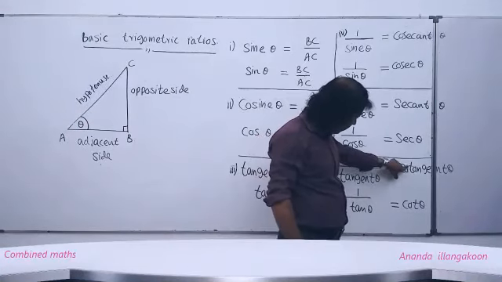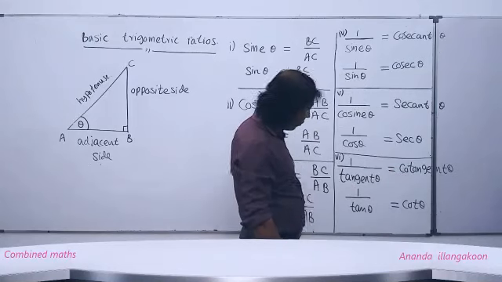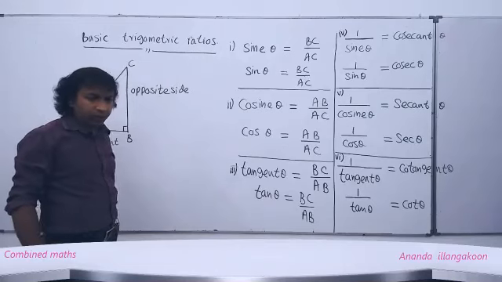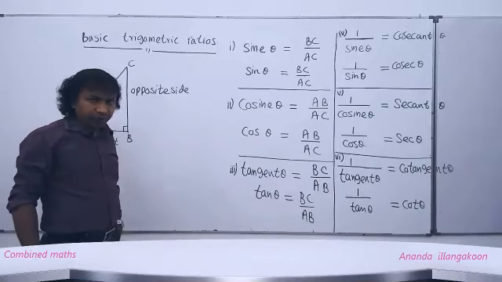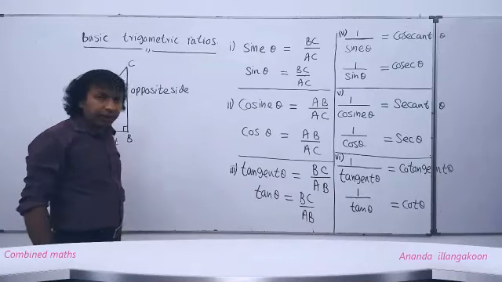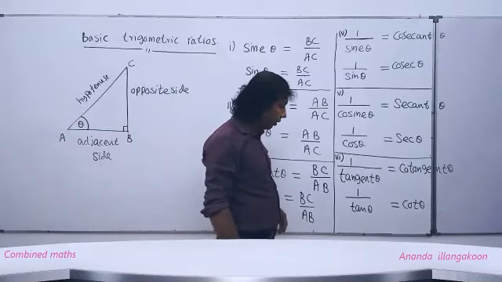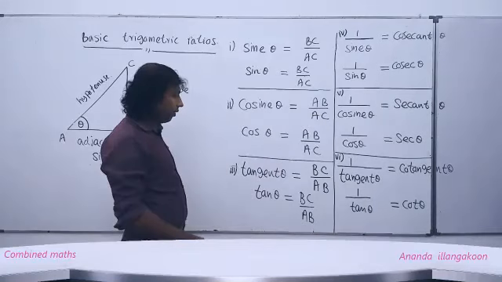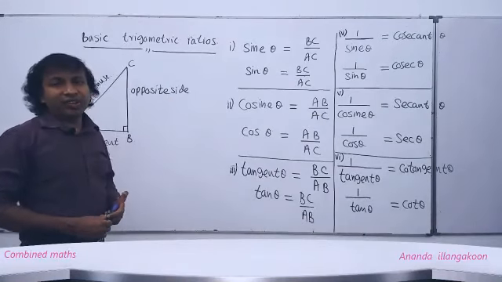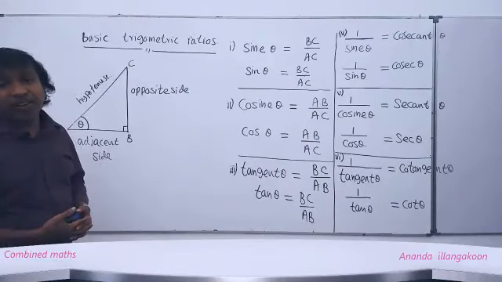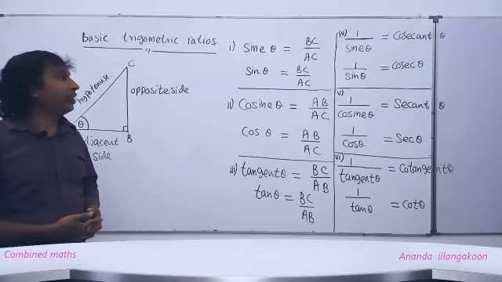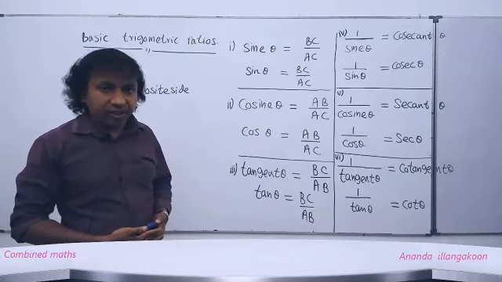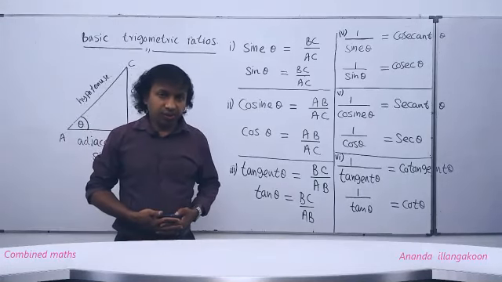It is defined as cotangent theta, which we write as cot theta. Throughout your A-levels, whenever you speak about trigonometry, we always have to work with the 6 trigonometric ratios: sine theta, cos theta, tan theta, cosec theta, sec theta, and cot theta.